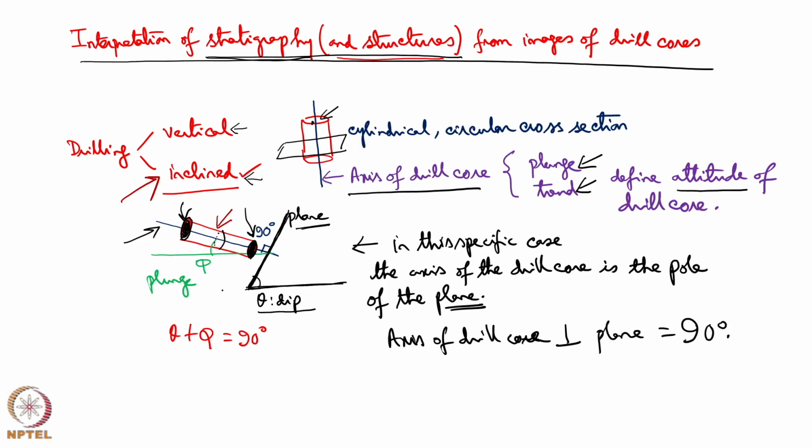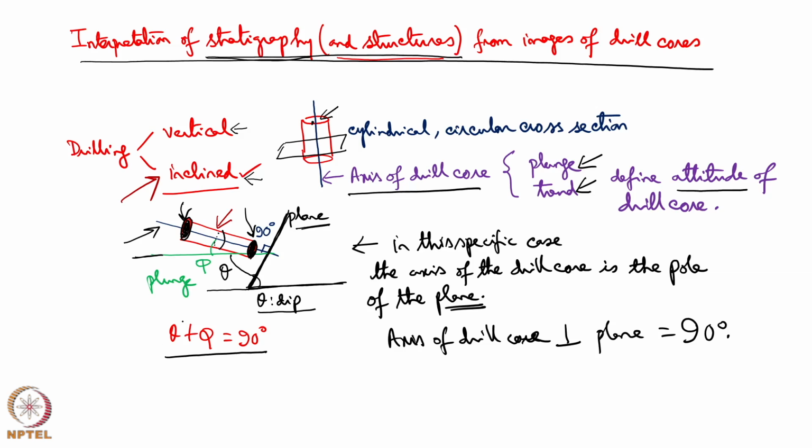Now, from this diagram what we can say, this horizontal plane and this is also a horizontal plane that was imagined, they are parallel to each other. So, if this angle is theta, this angle is also theta. Now, from the diagram we can clearly see that theta plus phi is equal to 90 degrees. An important relation has been obtained.